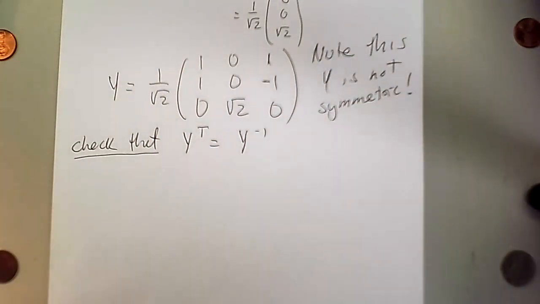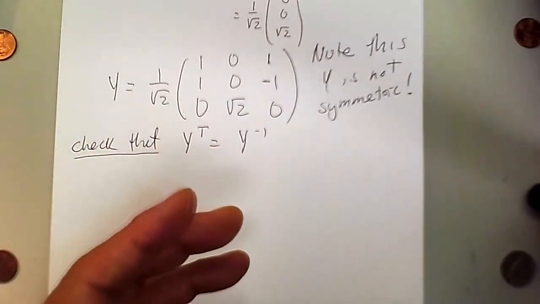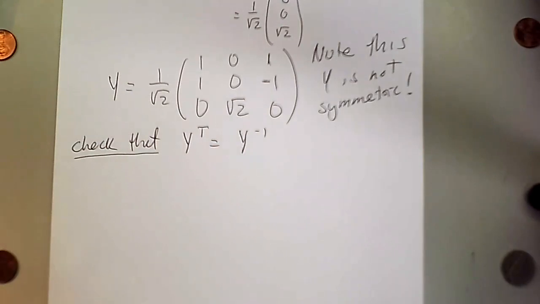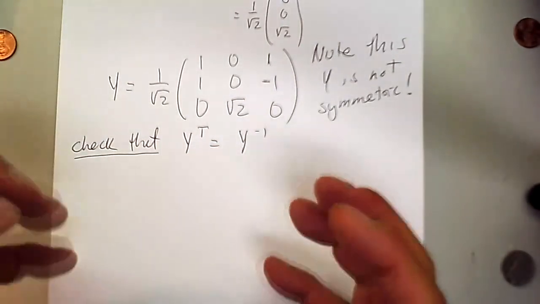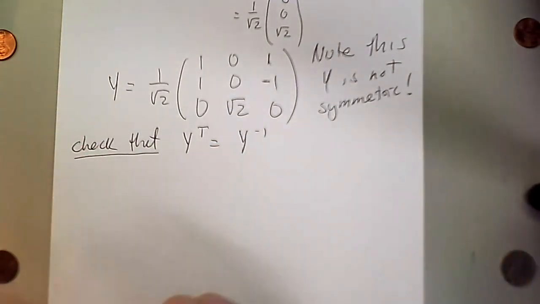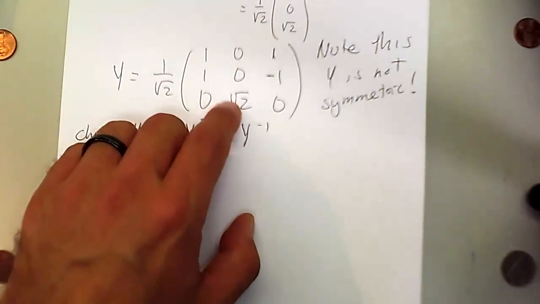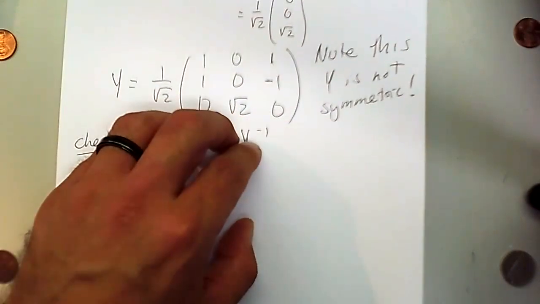Because in these two videos, we don't really want to use a graphing calculator to find the inverse. Now, if you use a graphing calculator to check your answer, by all means do that, yes. But we really want to go through the motions of all the computations, especially because we have a fairly small and fairly simple matrix.